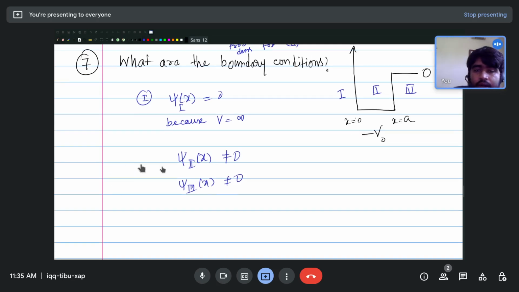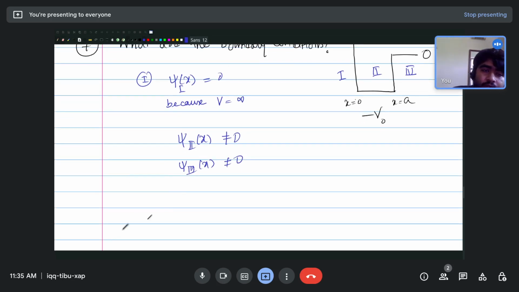So how do we match the boundary conditions? At x equal to 0 we have psi 1 of 0 equal to psi 2 of 0. That takes care of the boundary condition here.